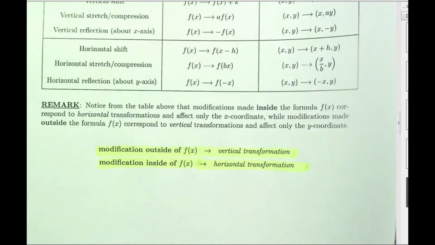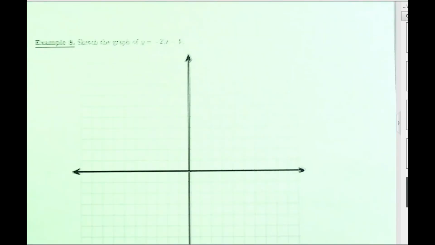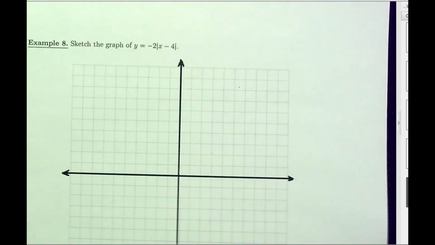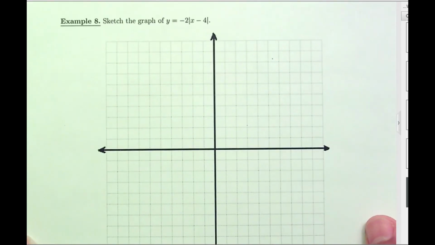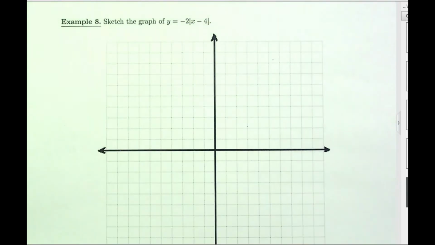So we're going to do one more example of a graph. So this is example 8, and then I'm going to cover example 7, and that would be the end of this lesson. So example 8, we're going to sketch the graph of y equals -2 absolute value of x minus 4.